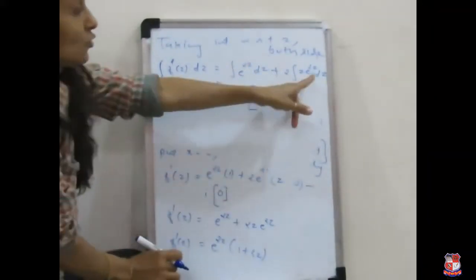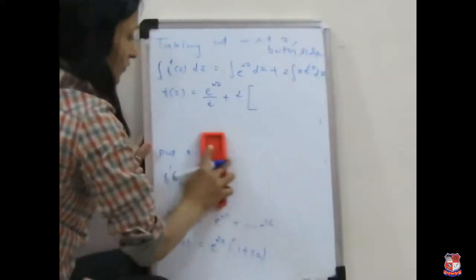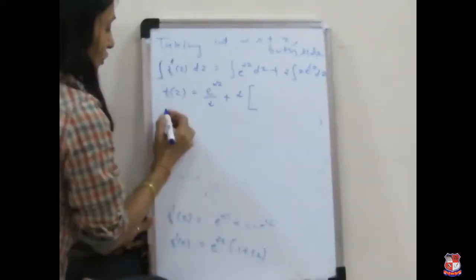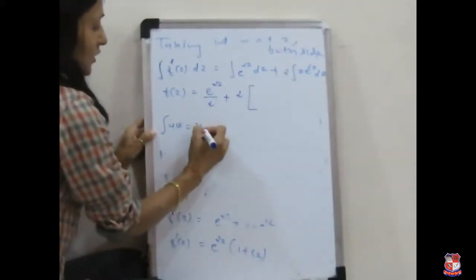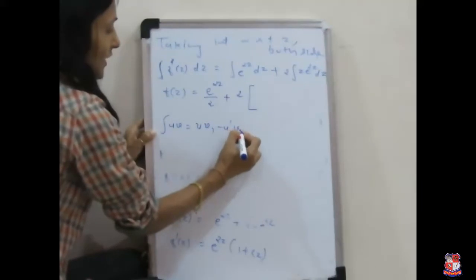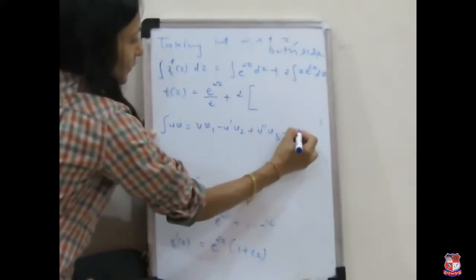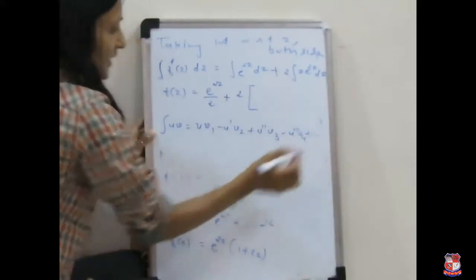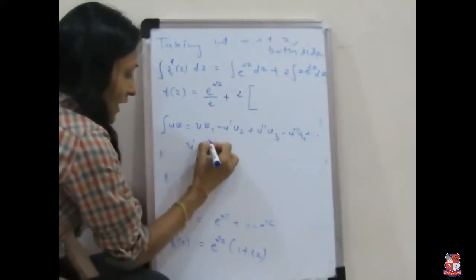Now z into e raised to 2z, we use u into v, integration of uv. What is the formula? We use the Bernoulli equation: uv1 minus u dash v2 plus u double dash v3 minus u triple dash v4 plus and so on. What is u dash, u double dash?